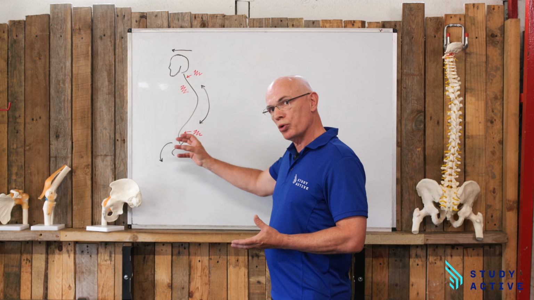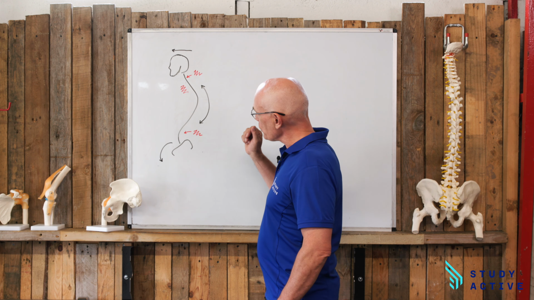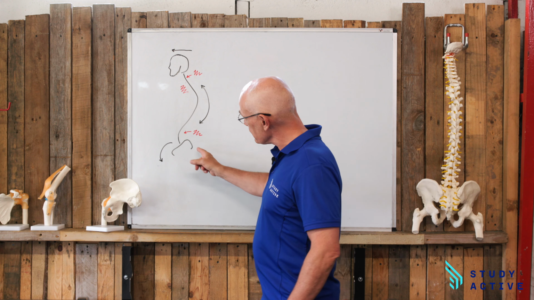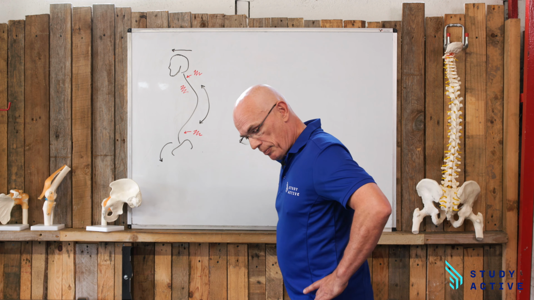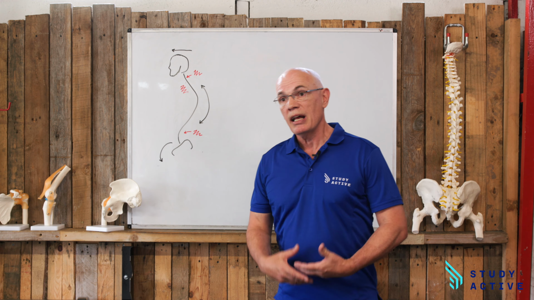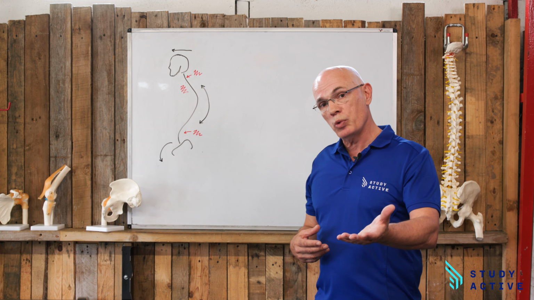So these are going to get short and tight, and they're going to pull that pelvis forward. Now, in terms of weakness created by that situation, as that pelvis tilts forwards, we're stretching out our glutes and our hamstrings. And these will become stretched and lengthened, in other words, and weak.